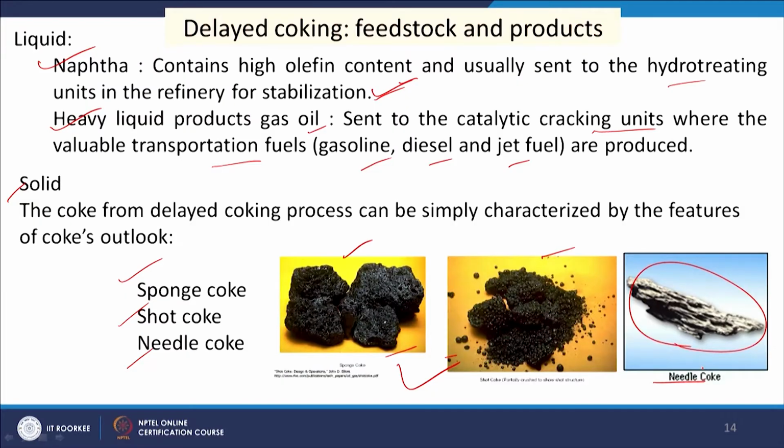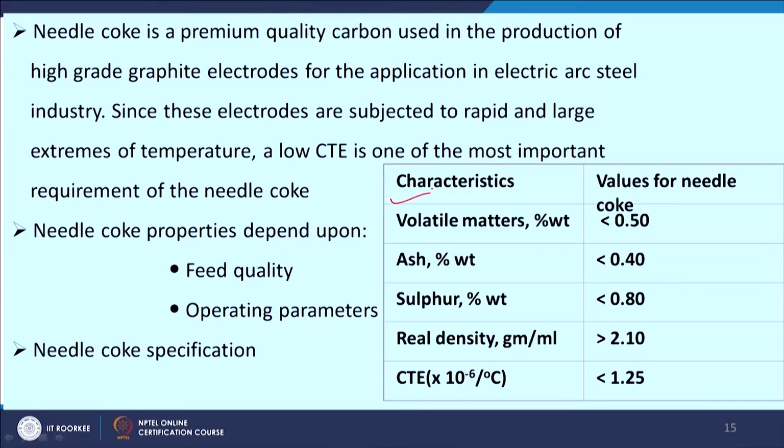And needle coke is superior quality, premier grade coke, and apart from these thermal applications, it has more attractive applications, that is as electrode. So, it can be used as electrode because of some specific properties.